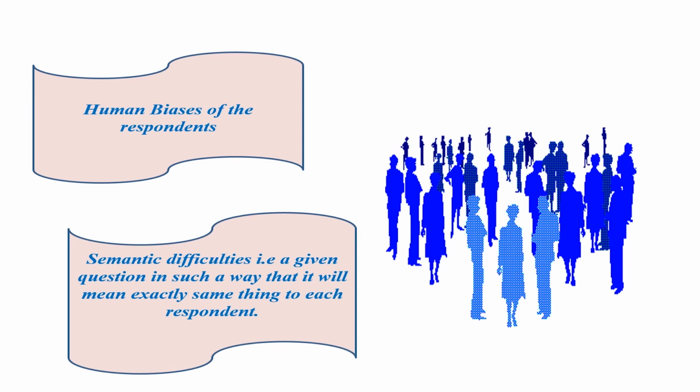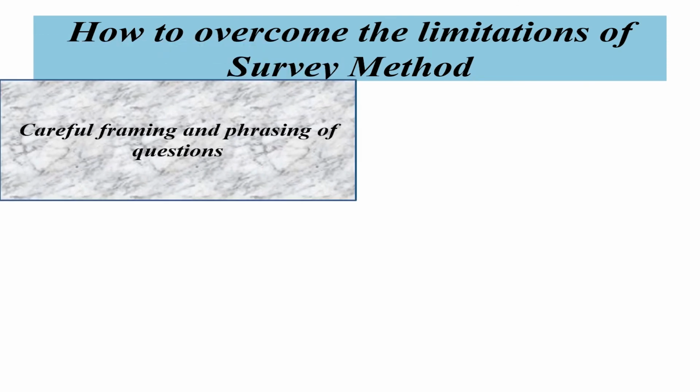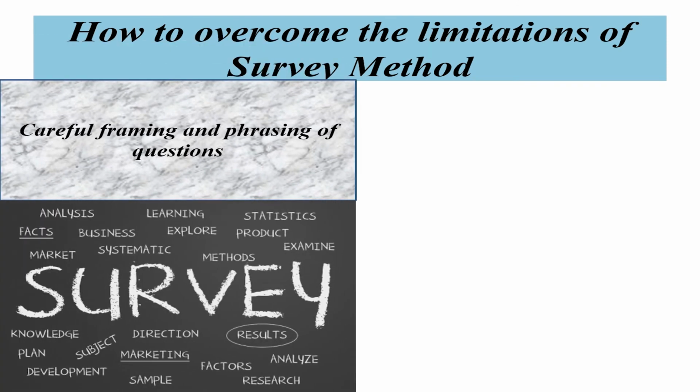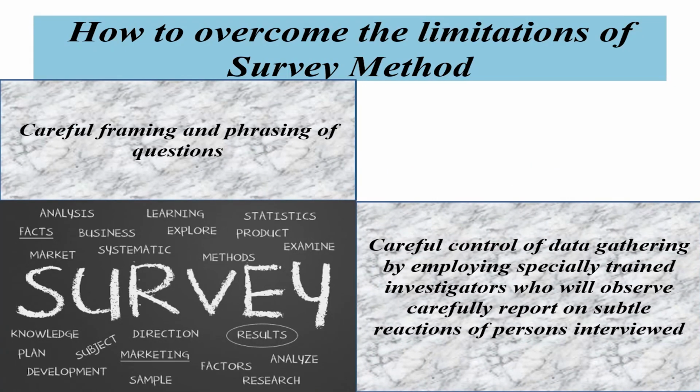Now let's talk about the ways in which we can overcome the limitations of the survey method. The first is by careful framing and phrasing of questions. Secondly, by having a careful control of data gathering by employing specially trained investigators who will observe carefully and report subtle reactions of persons interviewed.